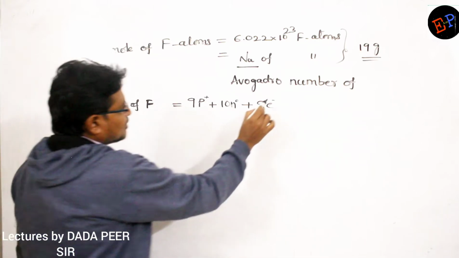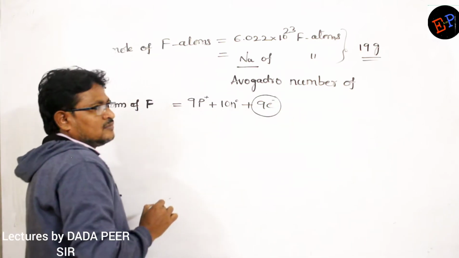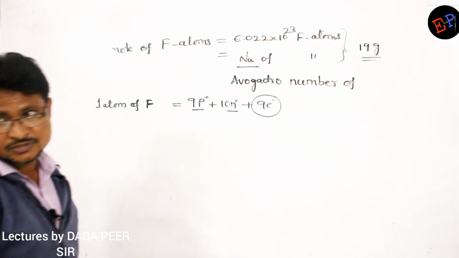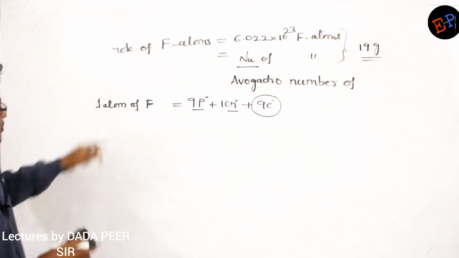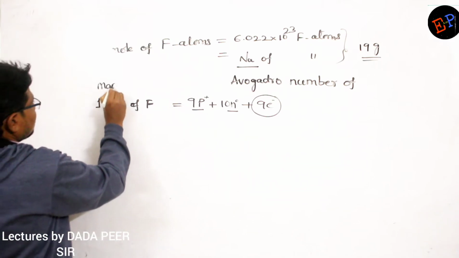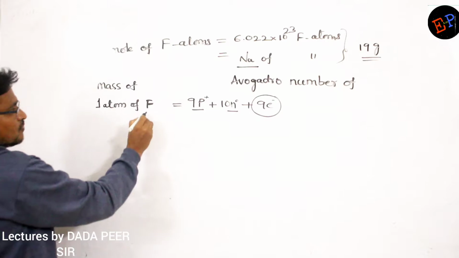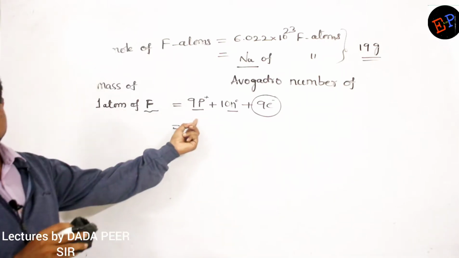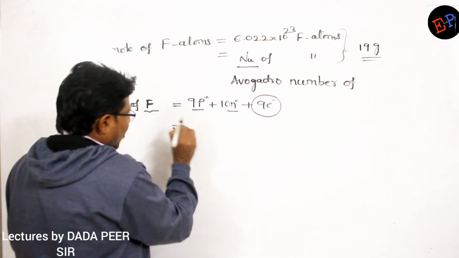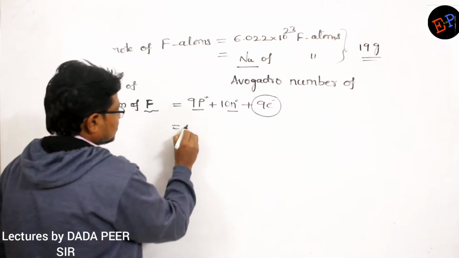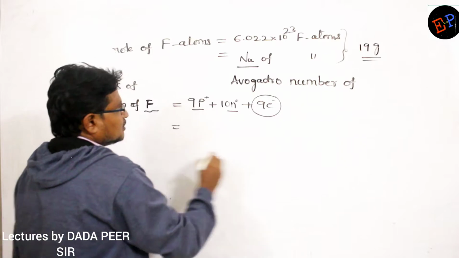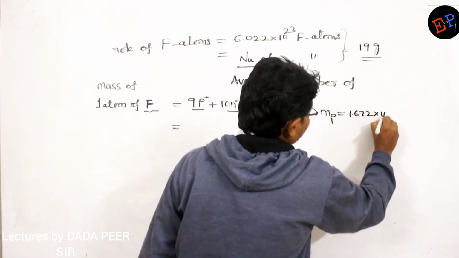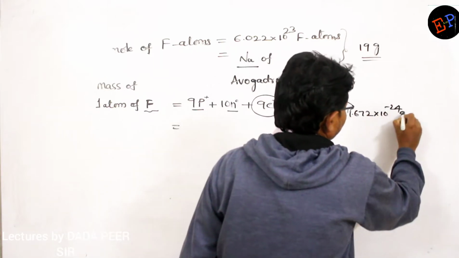So we do not consider the mass of electrons. We consider only the mass of protons and the mass of neutrons. This is the mass of 1 atom of fluorine. You know very well 9 protons are there. What is the mass of 1 proton? The mass of a proton is 1.672 into 10 to the power of minus 24 grams.